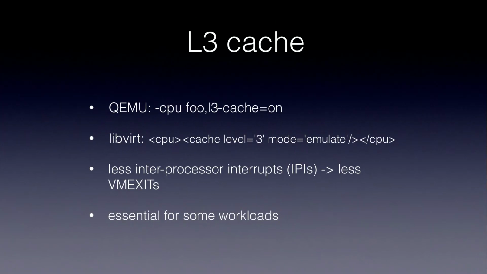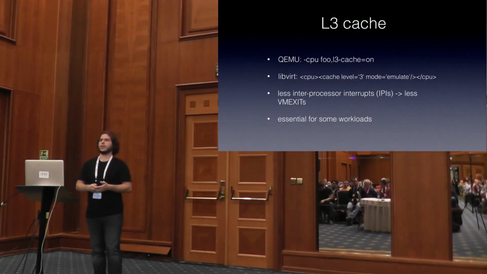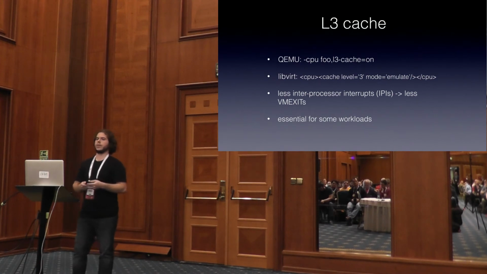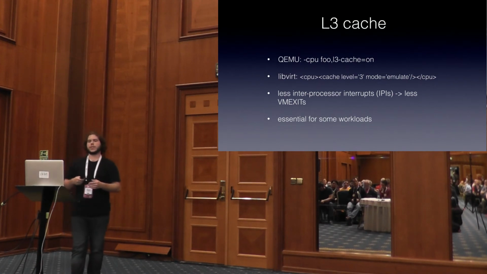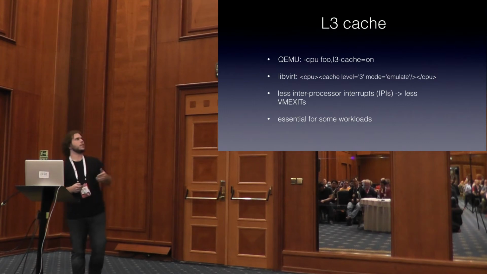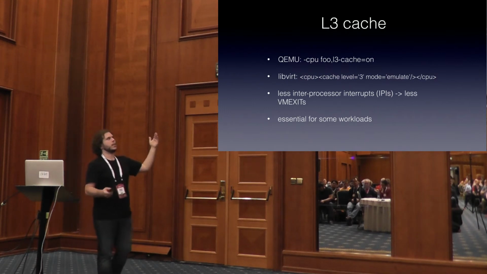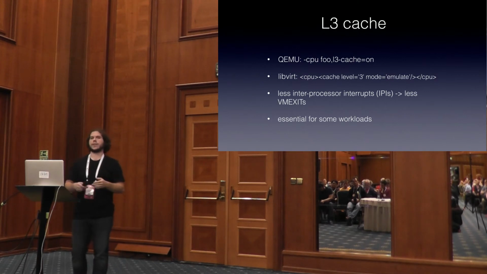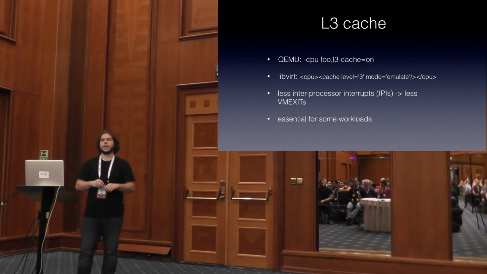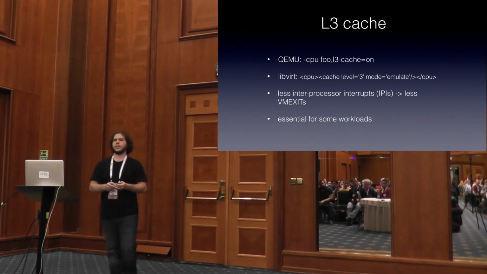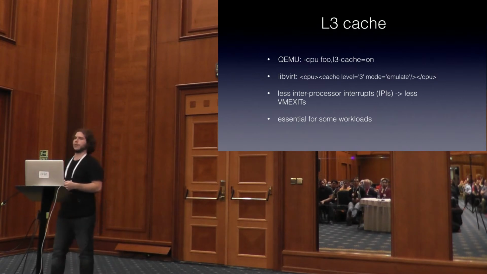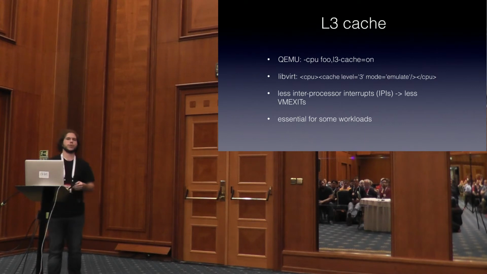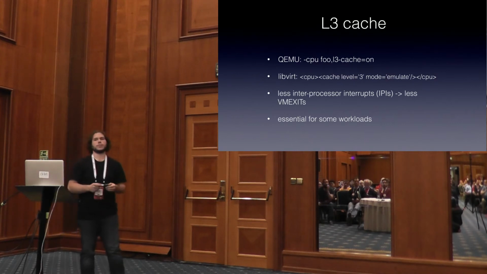Now, before we leave the topic of CPU, there's one more tunable. This is really simple for us, because as you can see, in QEMU, it's just l3-cache=on. In libvirt, it's just sub-element cache level n, some kind of mode. This is an extremely simple thing to do from the management level. And in case of L3 cache, it has turned out to be something you really want to use in case you have huge VMs.